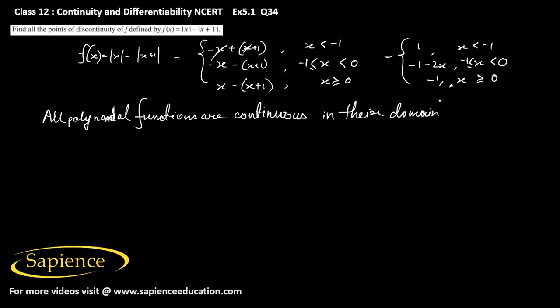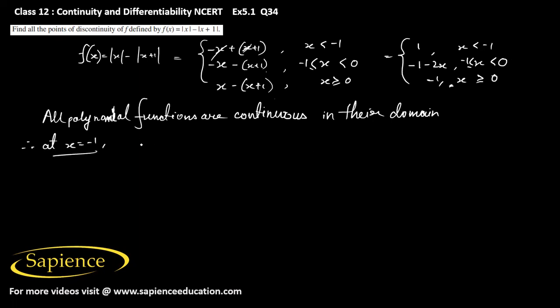So these functions for x less than minus 1 and from minus 1 to 0, and for x greater than 0, these functions are always continuous. So we need to check only at those points where the definition of the function changes. So therefore now at x equal to minus 1 we need to check.